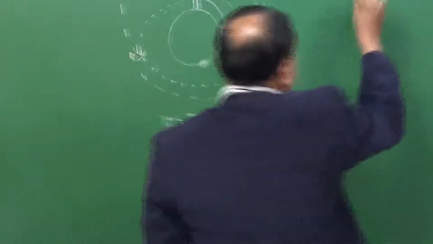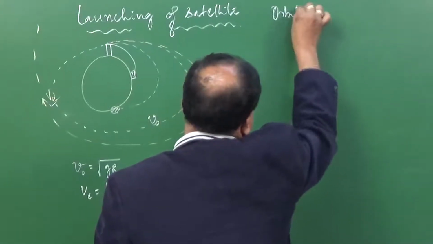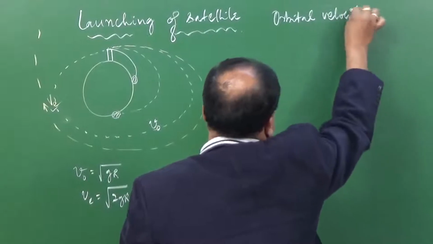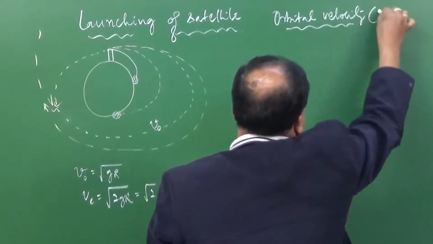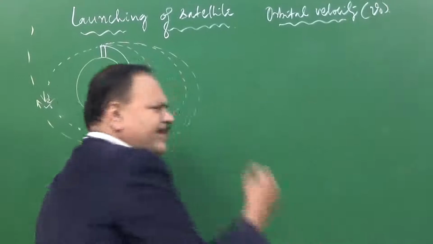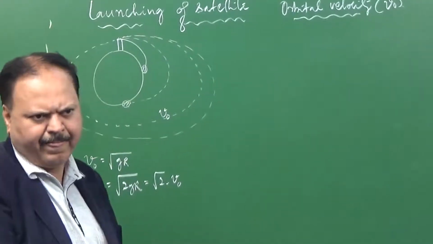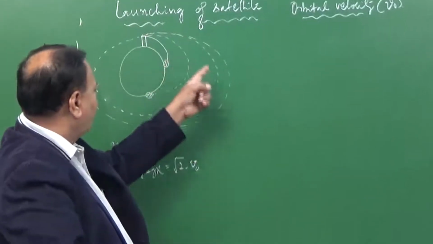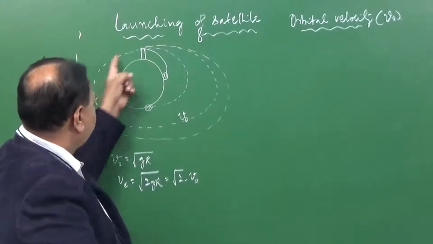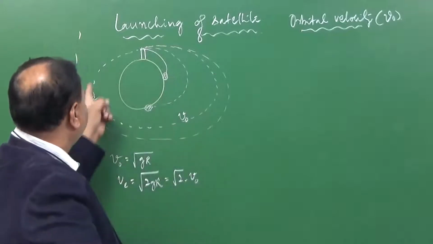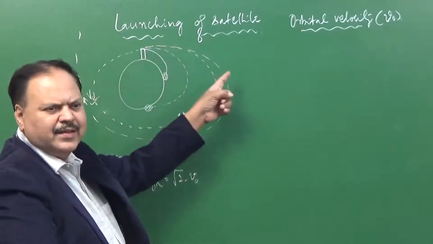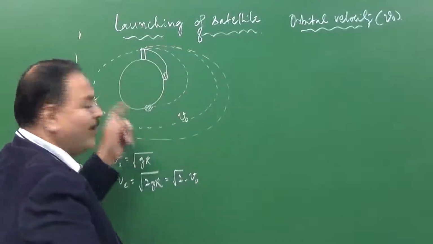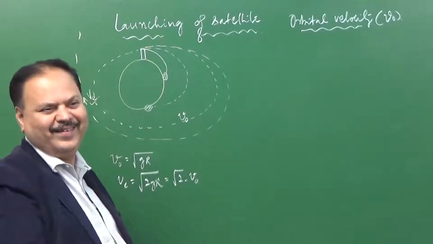First we derive an expression for the orbital velocity. What's the principle behind the orbital velocity? Remember, when you throw a body, for the body to revolve around the Earth, you must be knowing that for any body to revolve around any body, centripetal force is required.